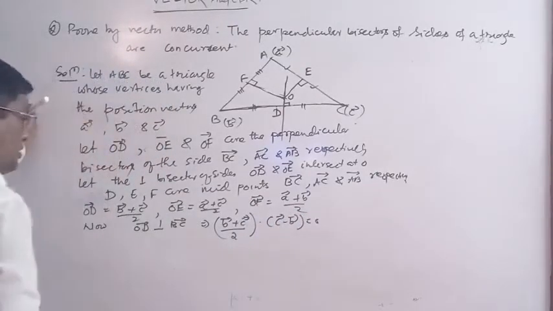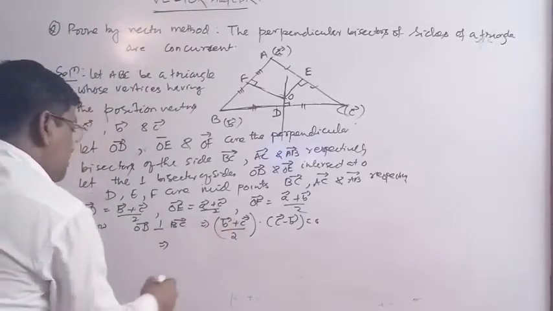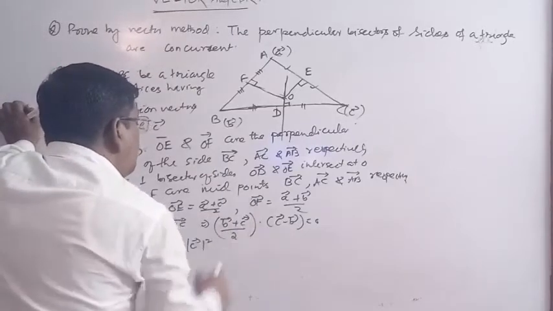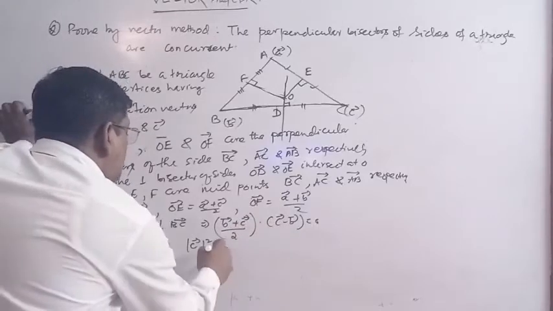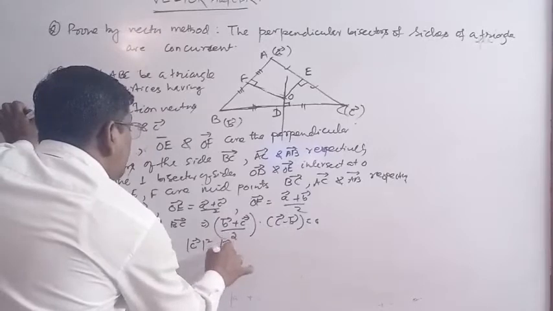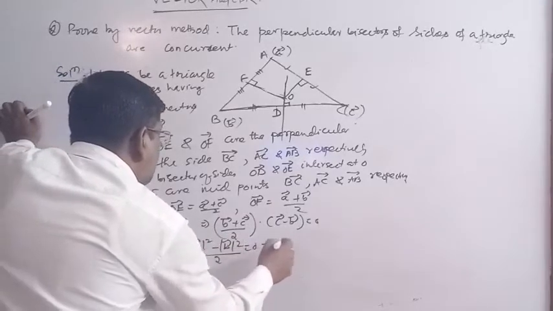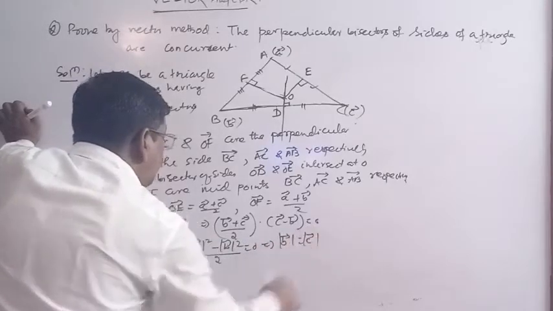That implies magnitude C square, B dot C and C dot B cancel, so magnitude C square minus magnitude B square by 2 is equal to 0. That implies magnitude of B is equal to magnitude of C.